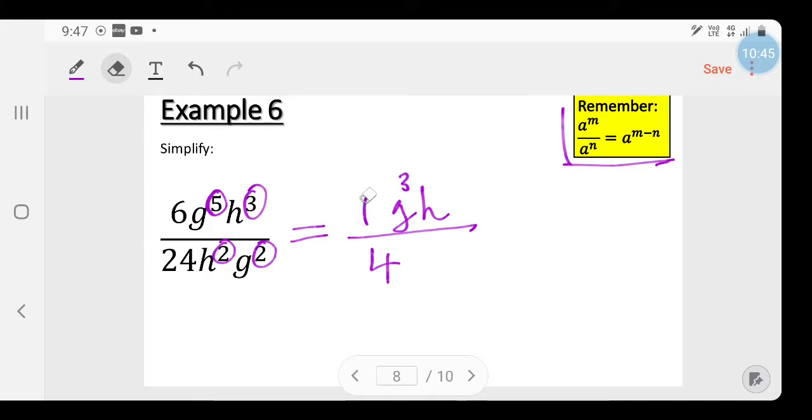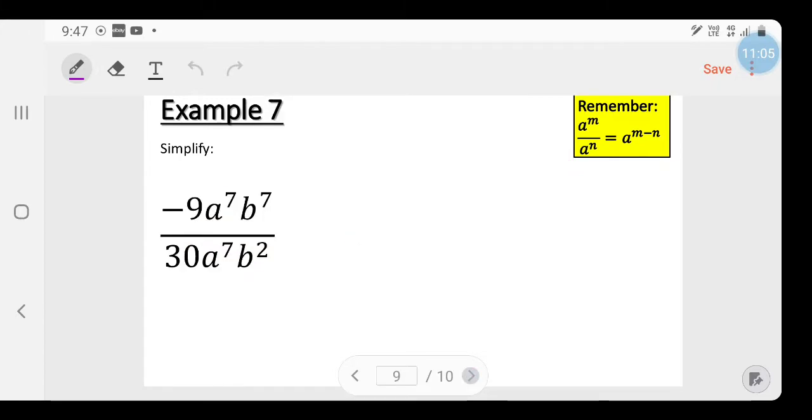Okay, that 1 there isn't doing anything. So the answer is just g cubed h over 4. I mean, it wouldn't be wrong if you left those 1s there, but it wouldn't be following the conventional, normal way of doing things. We want our maths to look nice and pretty.